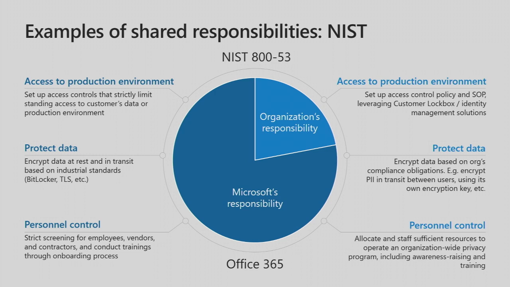And in its current specification, Microsoft covers 79% of controls that are specified in NIST. And it provides organizations with the tools that you can enable to cover the remaining 21%. The controls are spread over multiple areas, like access to production environment, personnel control, or how you protect your data. And we provide a significant set of controls that meet all these requirements.